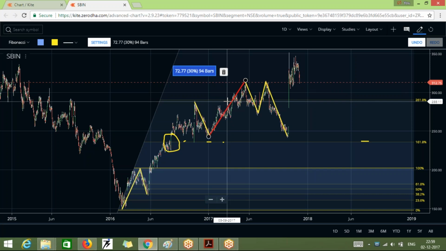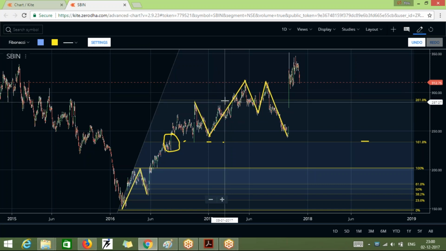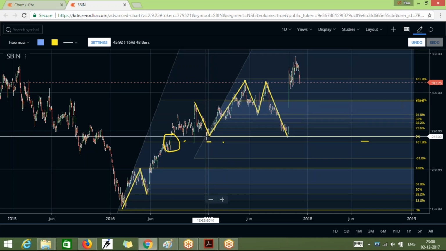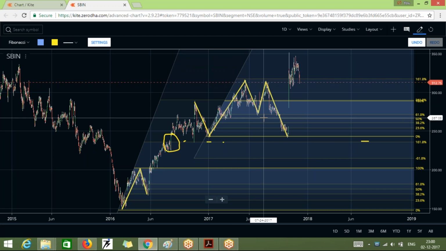Why am I taking 288? Because the first rule is related to wave 1, because wave 1's length is a 50 point movement. So from here, if you draw a Fibonacci label from 288 to the end, you will find this movement. You can see exactly it is 161.